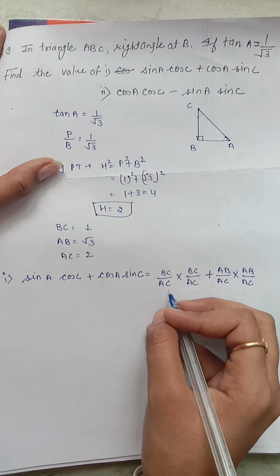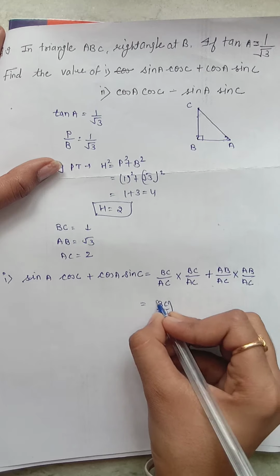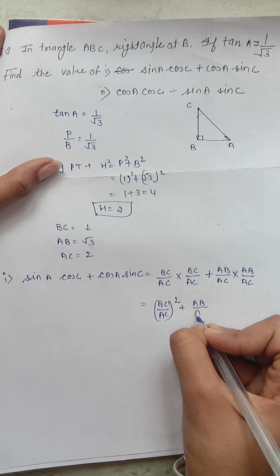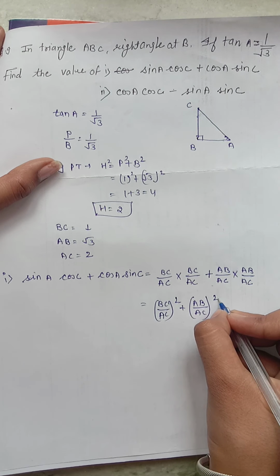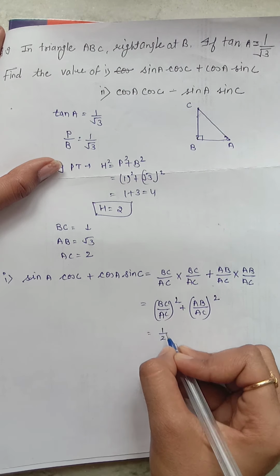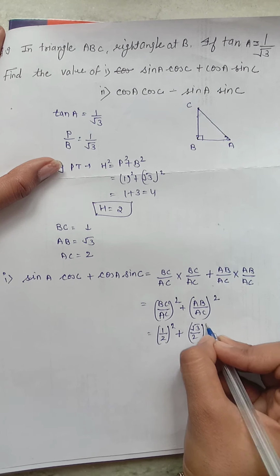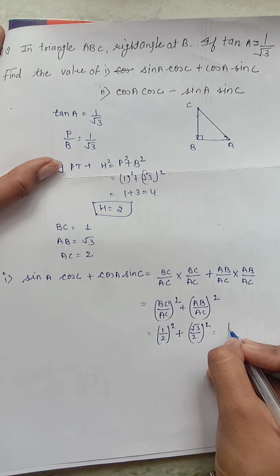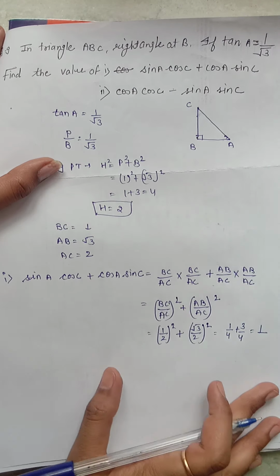So (BC upon AC) square plus (AB upon AC) square. BC is 1 and AC is 2. So (1 upon 2) square plus (root 3 upon 2) square. When we solve it, we get 1 upon 4 plus 3 upon 4, and that is equal to 1.